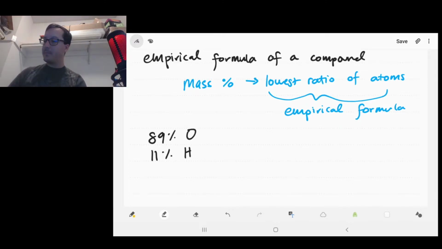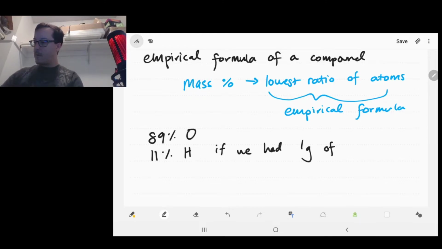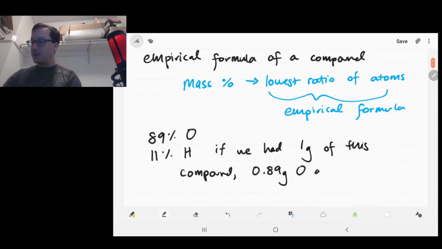So what we're going to see in the process here is, if we're given percents like these, we can assume any kind of sample size we want, right? If we had a 1 gram sample, well, then we would know it's 0.89 grams oxygen and 0.11 grams hydrogen, right?